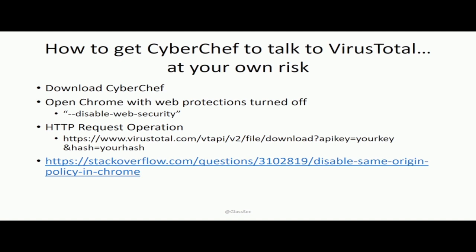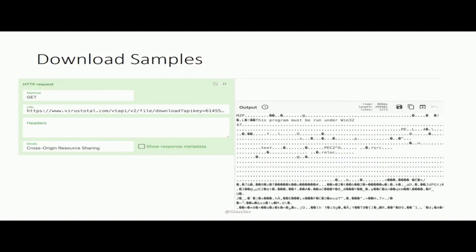I did a lot of this stuff in a sandbox, so that's my caveat. All right, so I was using CyberChef to download samples from VirusTotal directly into CyberChef so then I could run recipes against it. So this is just a HTTP request with API keys and whatnot. Fairly simple stuff.